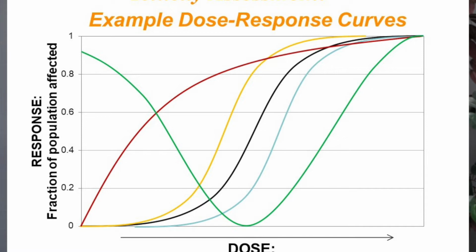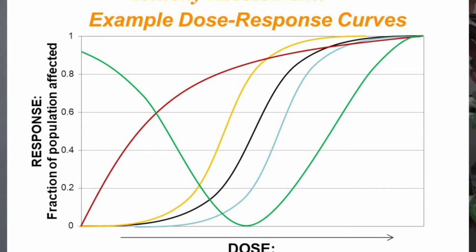These are, depending on the agent of concern, depending on the experiment, one will see a lot of different dose response curves. For example, the one on the left, shown in red, for most of the low dose concentrations, it's a linear type of a curve.